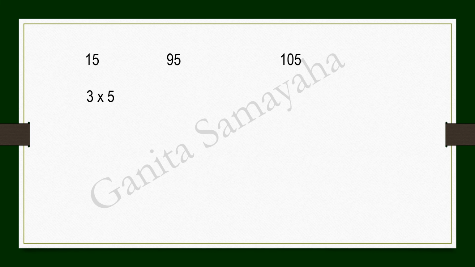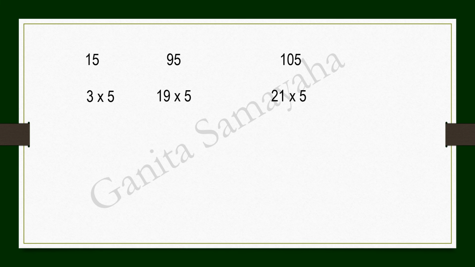Let us explore it. So this is written as 3 into 5, 19 into 5 and 21 into 5. That means 5 must be a factor, 2 must not be a factor. If 2 is not a factor, then it becomes odd. Okay, if 2 is a factor, it becomes even and it ends with 0.